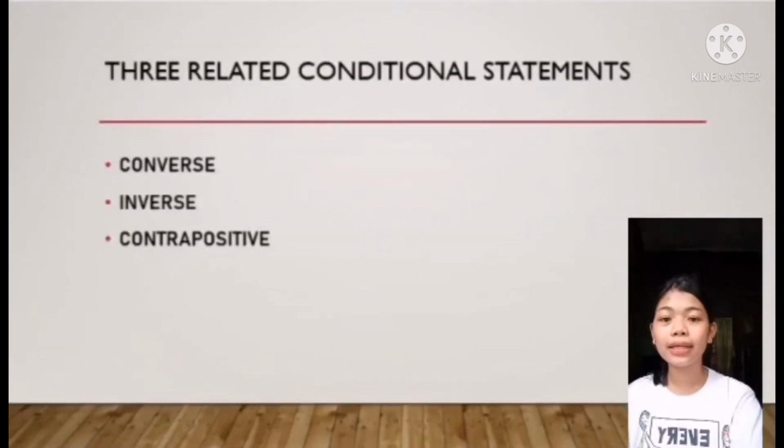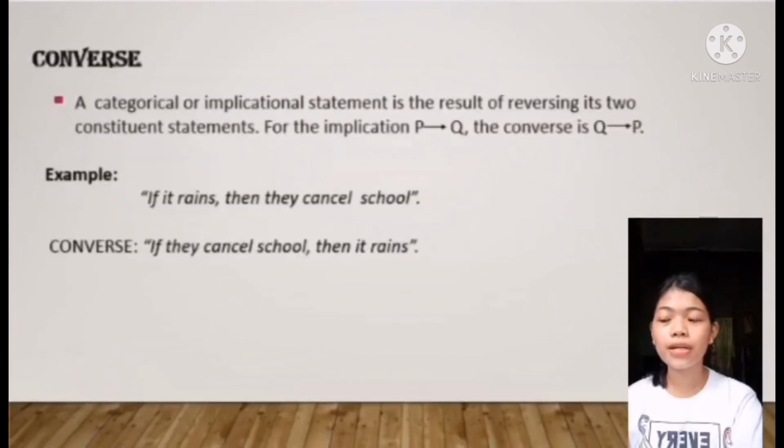There are related conditionals that are based on a given conditional statement. They are converse, inverse, and contrapositive. Converse: a categorical or implicational statement is the result of reversing its two constituent statements.